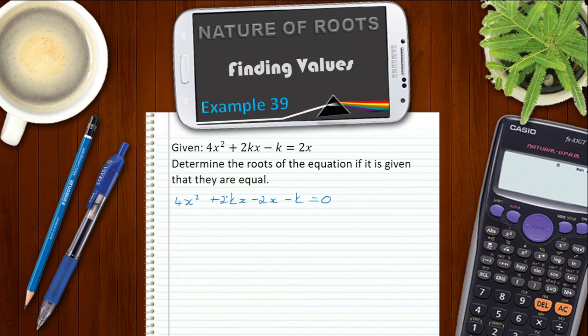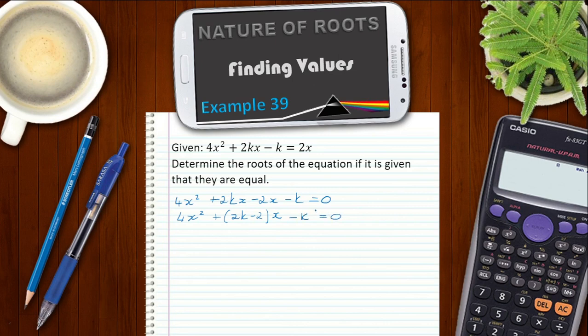And we group the like terms because remember, with quadratic equations, we have x squared terms, x terms, and constant terms. So 4x squared, these two are like terms, so I'm just going to group them together. I'm basically just pulling the x out. So my coefficient of x in terms of k will be 2k minus 2, minus k equals 0.